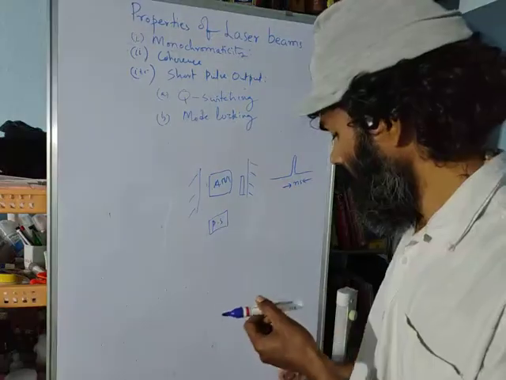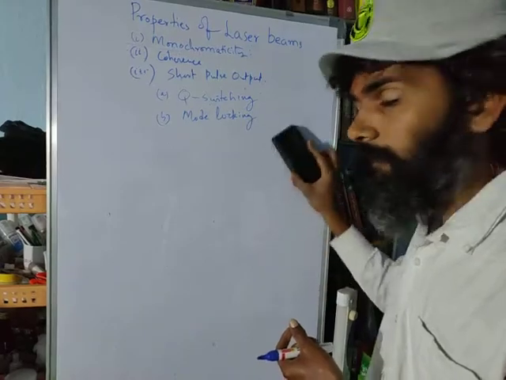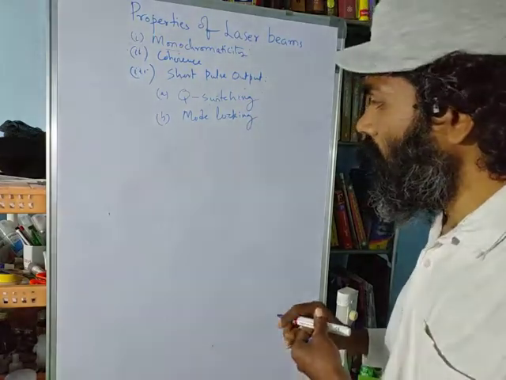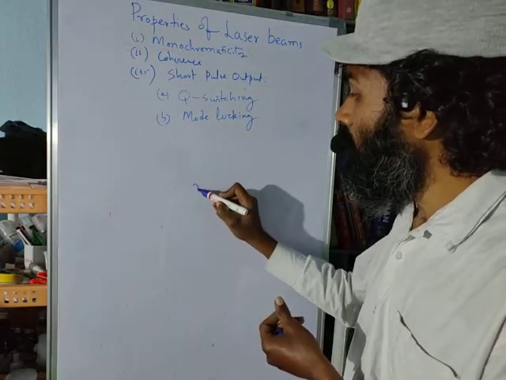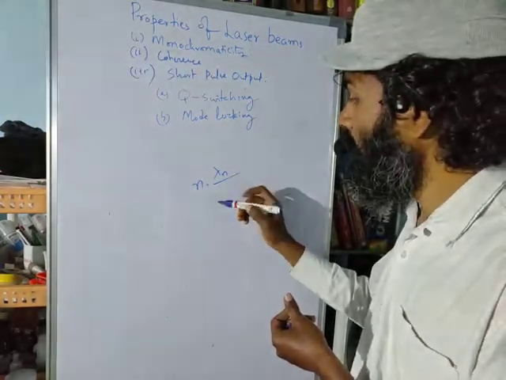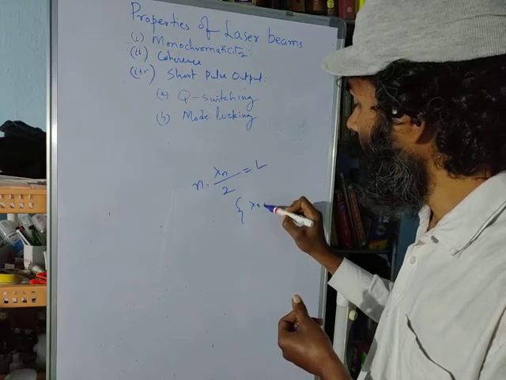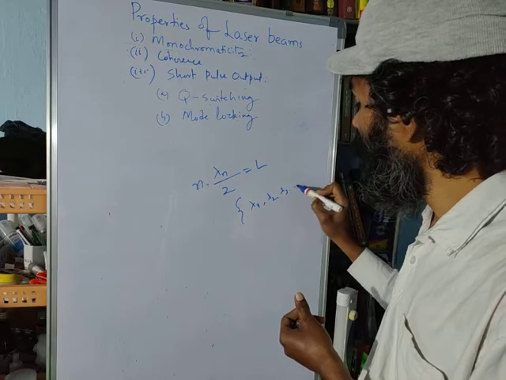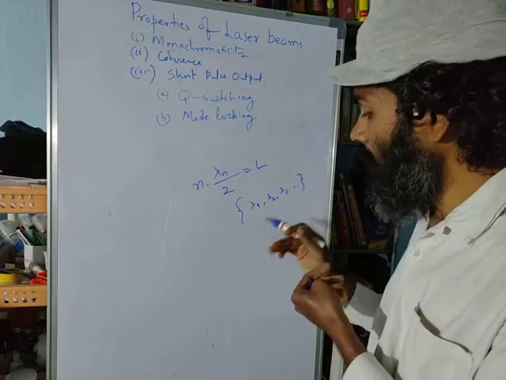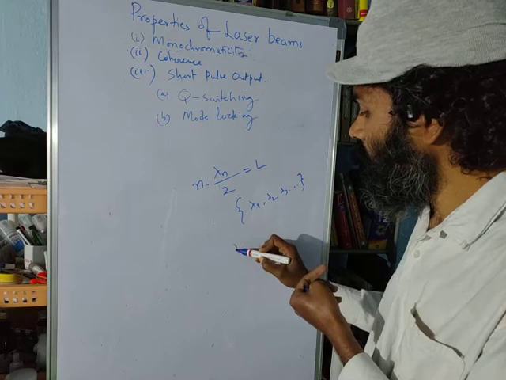So anyways, this is about the Q-switching process of the laser, giving rise to very narrow pulses as output of the lasers. And for the second process, which is mode locking, we know that a laser resonator or the laser cavity will actually support longitudinal modes satisfying this condition: n times lambda sub n divided by 2 is equal to L. So all these lambda n's, lambda 1, lambda 2, lambda 3, etc., are called the longitudinal modes, and the separation in the frequency domain between these, we can convert these into frequencies, right?